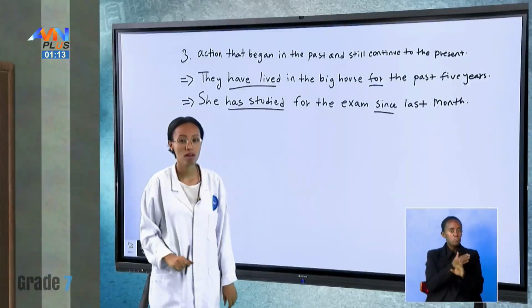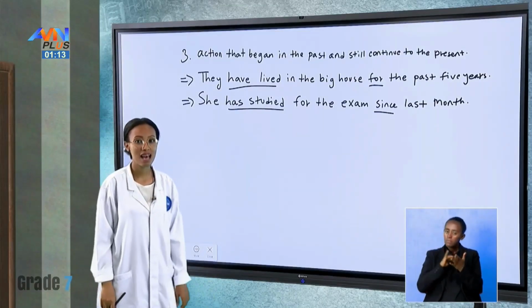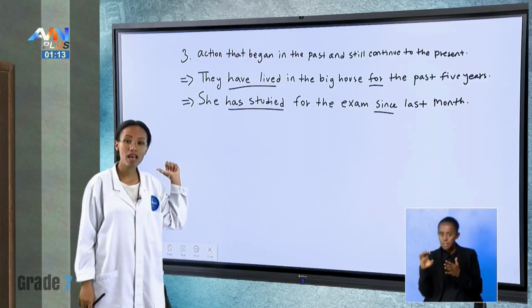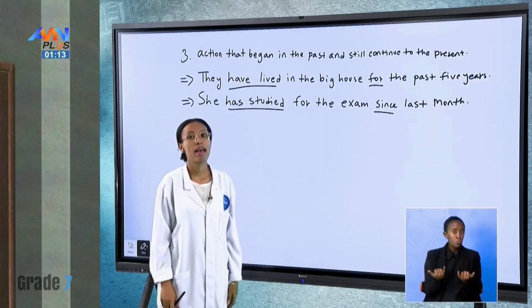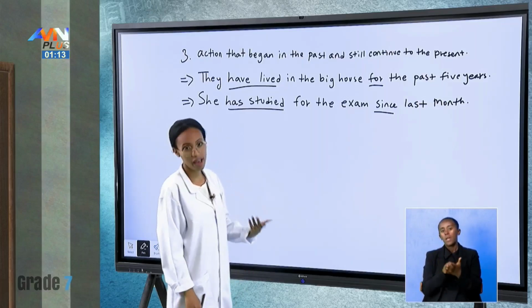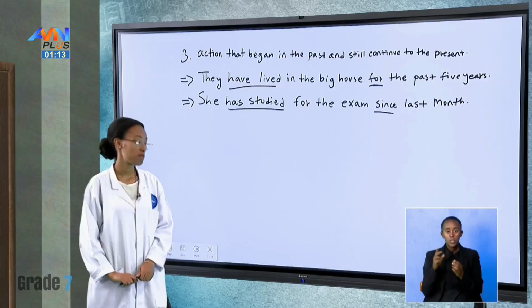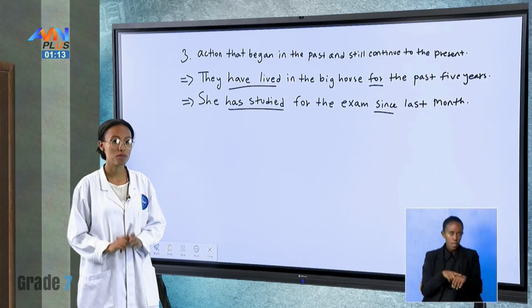Again, we have a common time expression. She has studied for the exam since last month. So starting from last month up to now and still continuing, she has performed the action. She has studied for the exam. And that is the 3 ways that we have seen last time of using the present perfect tense.